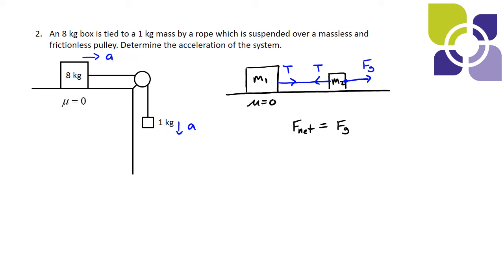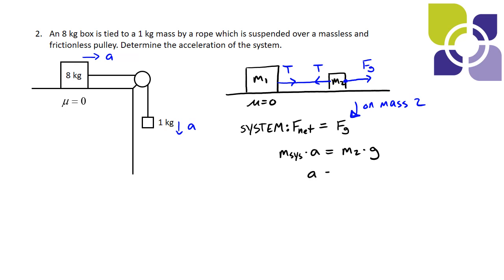So it's actually a pretty simple F-net situation, and we can go ahead and say, because this is for the whole system, it's an F-net statement for the entire system. So this is the mass of the whole system times the acceleration of the whole system is equal to Fg, and this is just on mass 2, so this would be mass 2 times g, the acceleration due to gravity.